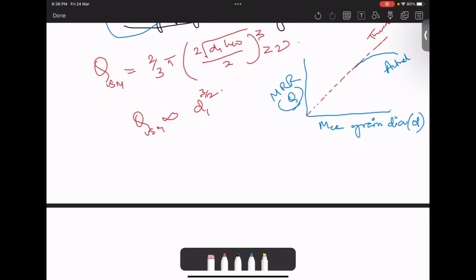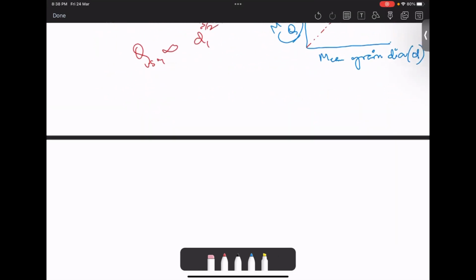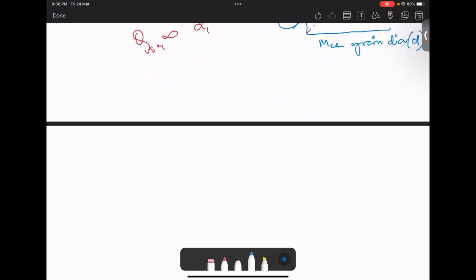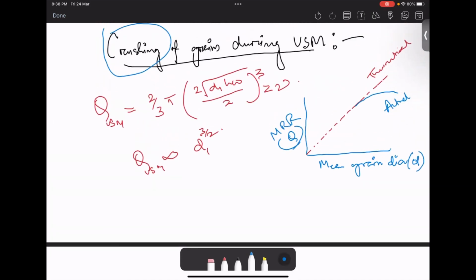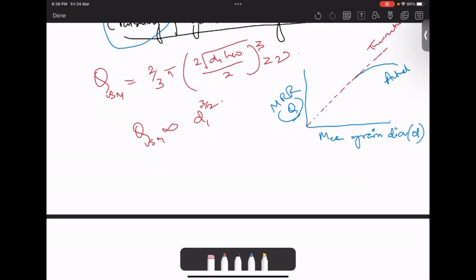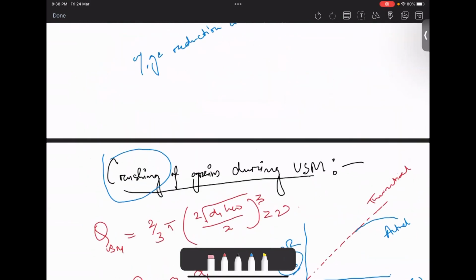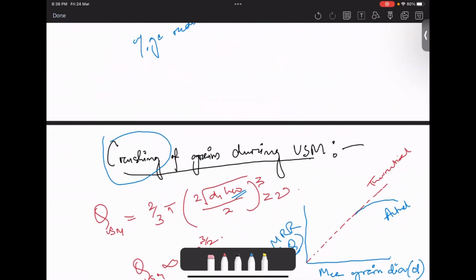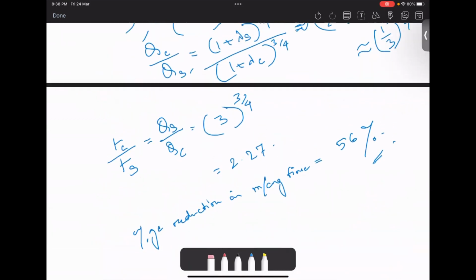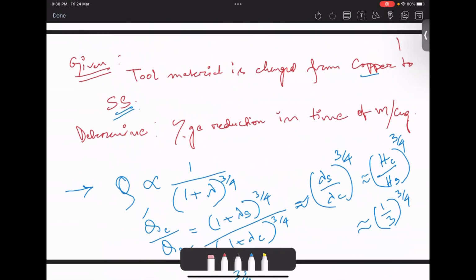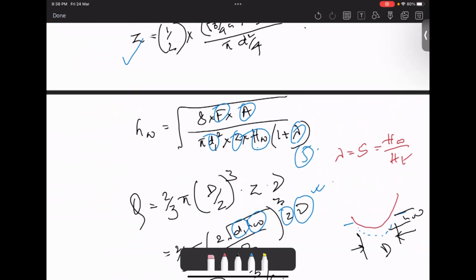So in that case also, you know that you can see from this equation that it is directly proportional. Okay, so here you can see h, the height of indentation into the workpiece, and h_w is again proportional to your feed force F, isn't it?